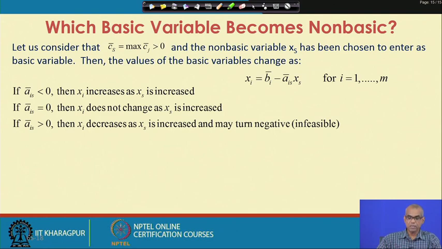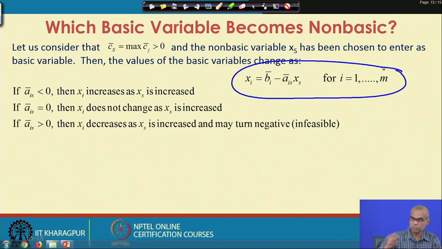Then the value of the basic variables change as xi equal to bi minus ais xs. So, look at this expression now. Xi equal to bi bar minus ais bar xs.